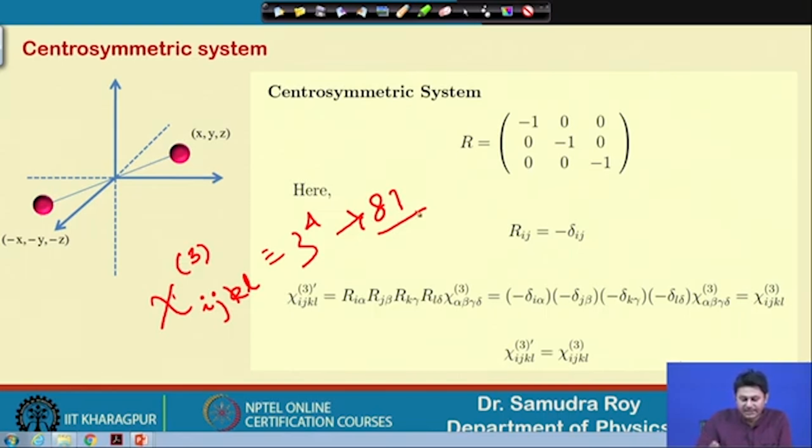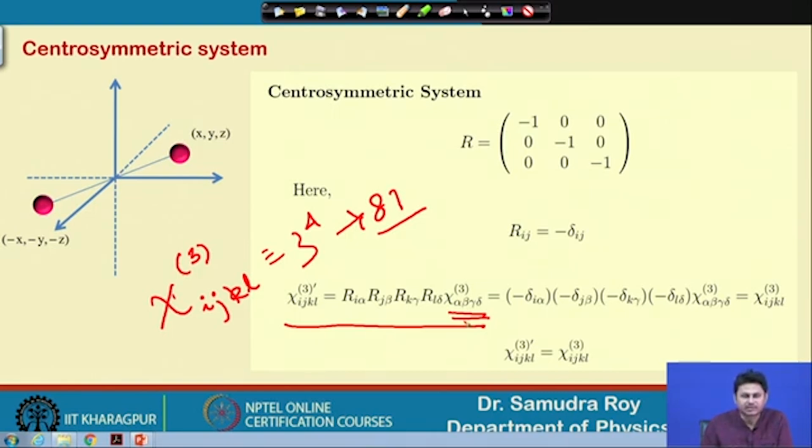But when we relate it with this symmetry operation R, the rule of this operation is chi_ijkl prime equals R_i alpha, R_j beta, R_k gamma, R_l delta, times chi_alpha beta gamma delta.